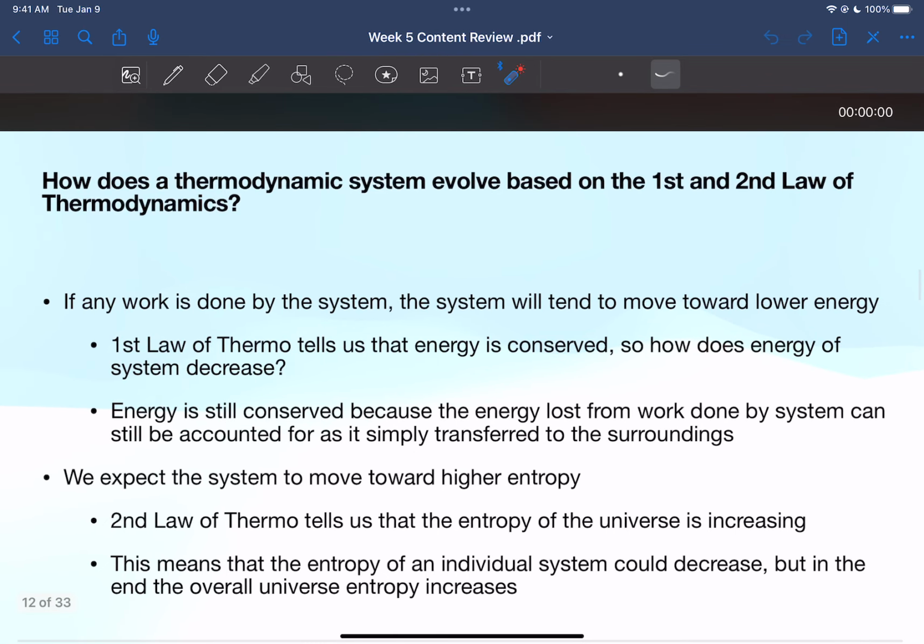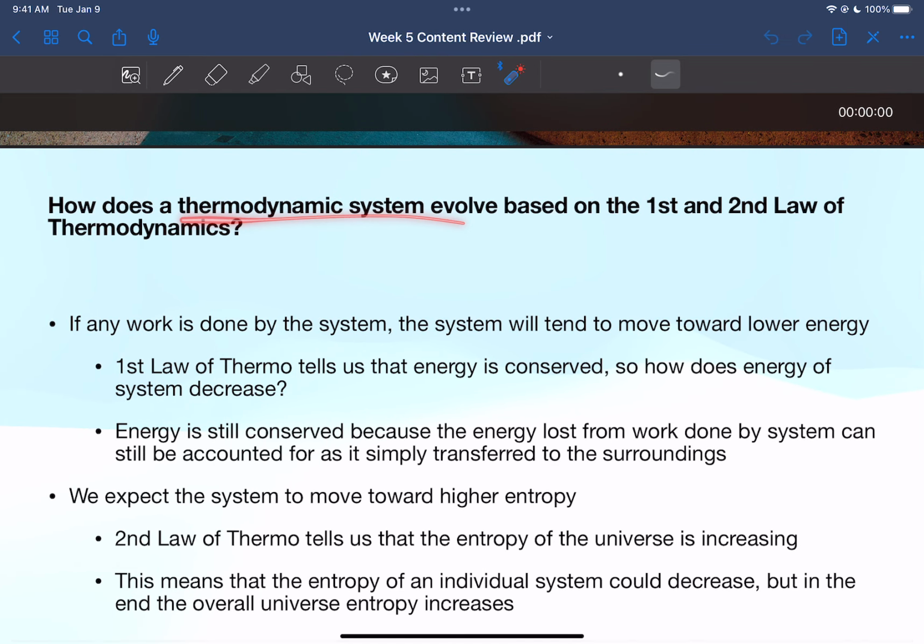So the first idea about how a thermodynamic system will evolve is that a system will tend to move toward lower energy. The system always moves toward a state of lower energy, right? Think about it in more general terms outside of physics: if you have lower energy, you won't be able to do anything, right?